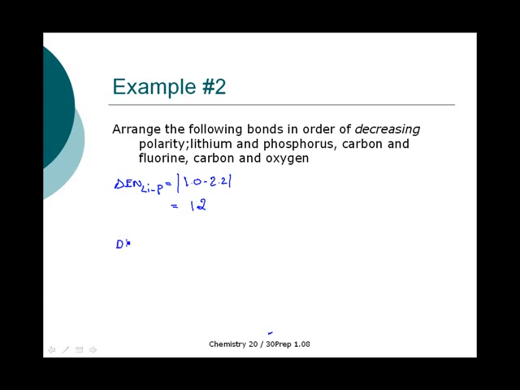Delta EN for carbon and fluorine is equal to carbon is 2.6 minus fluorine is 4.0. And so the difference is going to be 1.4.